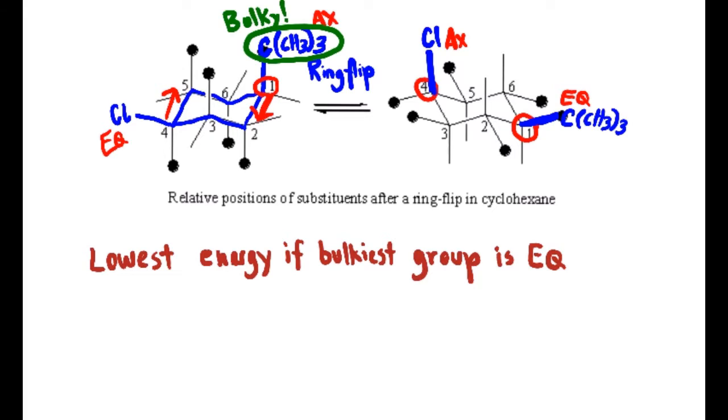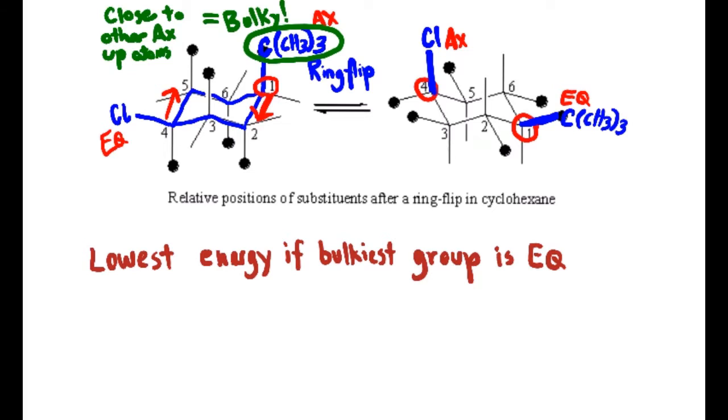So if it's in this axial position, what's going to happen is that the bulky group is going to end up very close in space to the other axial atoms that are oriented up. So we would envision that this CCH3 that we've circled in green here in the structure on the left is going to be really close in space to the other axial up atoms, which I'll circle here in green and green.